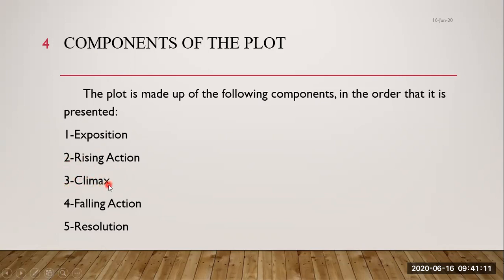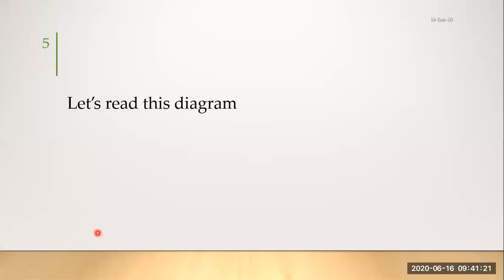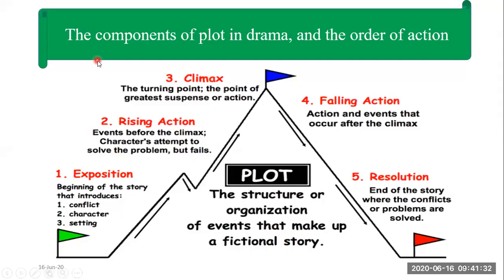Third, climax. Fourth, falling action. Fifth, resolution. What are these? Let's read the diagram. I'll present you a diagram to explain each one briefly. The components of plot in drama and the order of action.